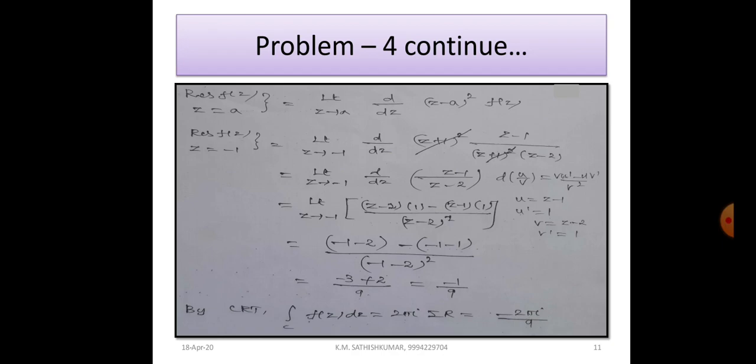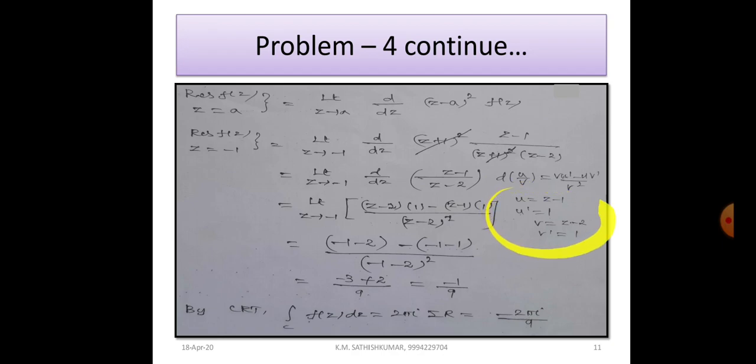Here we use the u by v method of differentiation. The differentiation of u by v is equal to (v u dash minus u v dash) by v squared. The numerator part is u and the denominator part is v.